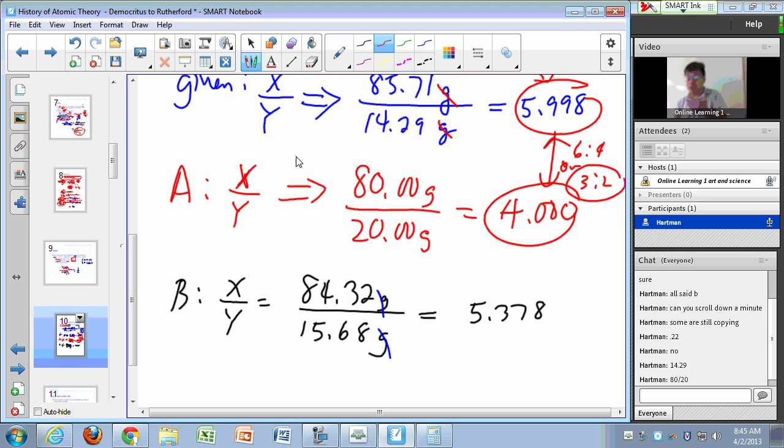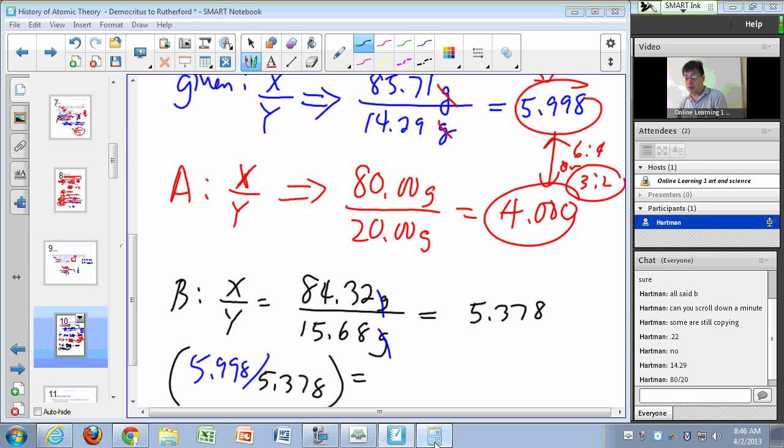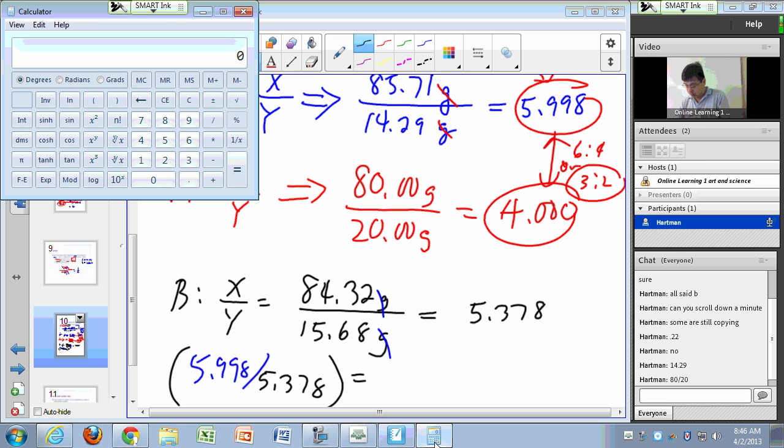And in fact, what's the ratio of 5.998 to 5.378? So let's take 5.998 divided by 5.378. What would that be? That's 1.115.